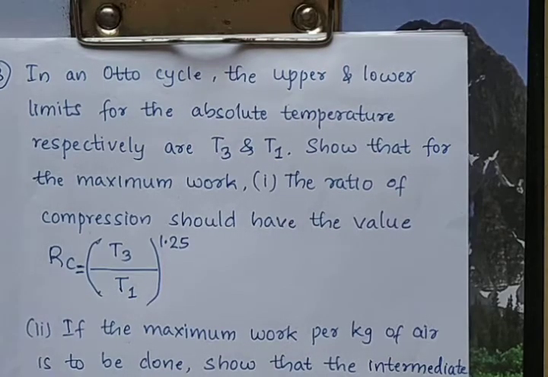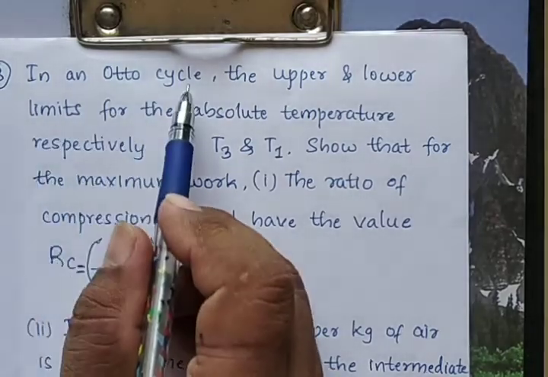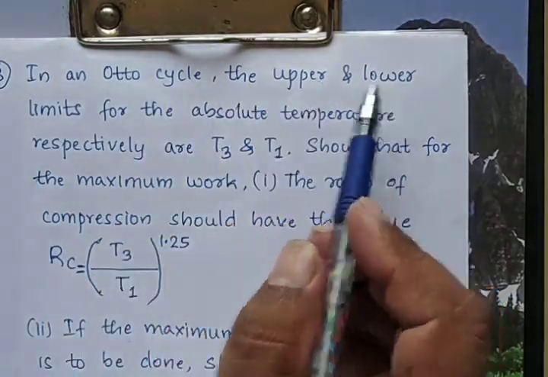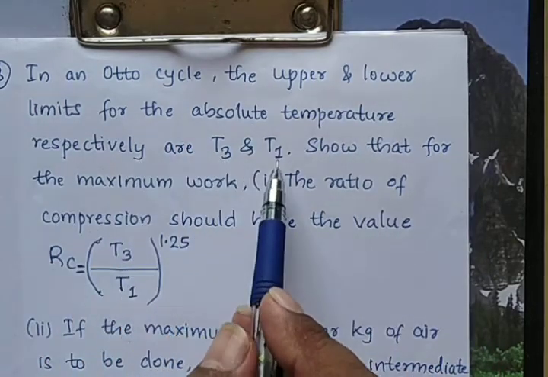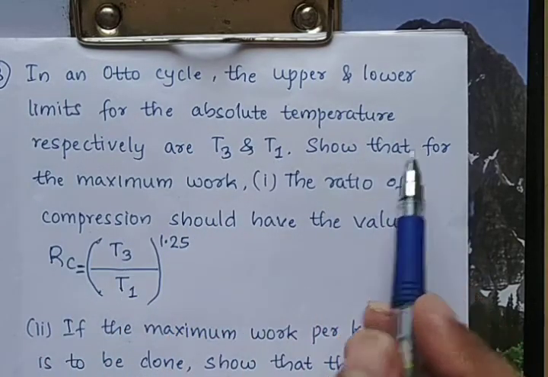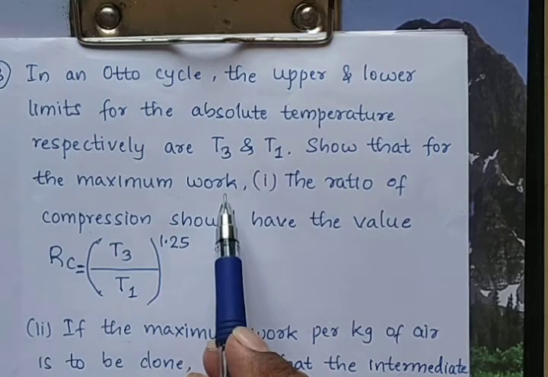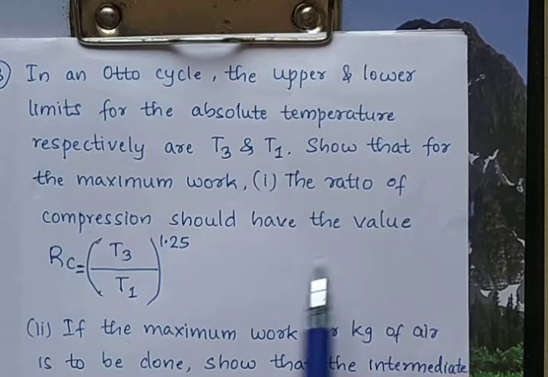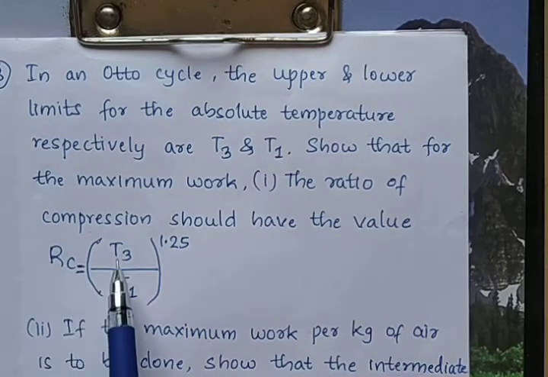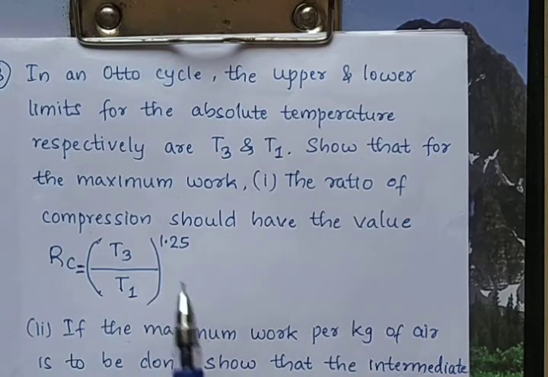So the next problem, in an Otto cycle, the upper and lower limits for absolute temperature respectively are T3 and T1. Show that for the maximum work, the ratio of compression should have the value Rc equal to T3 by T1 to the power 1.25.